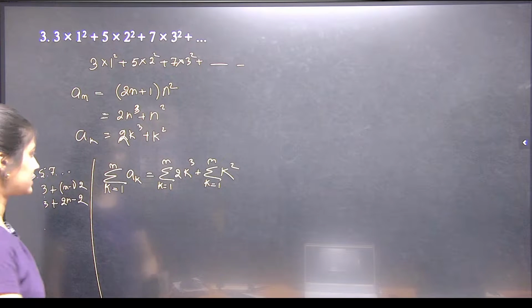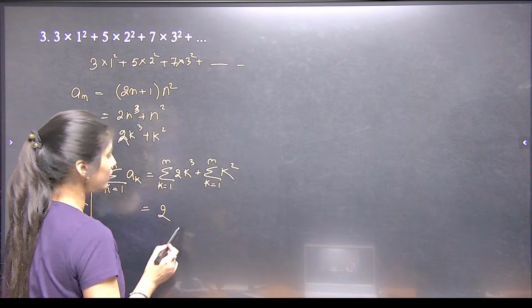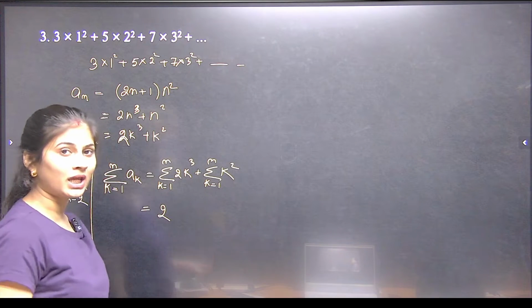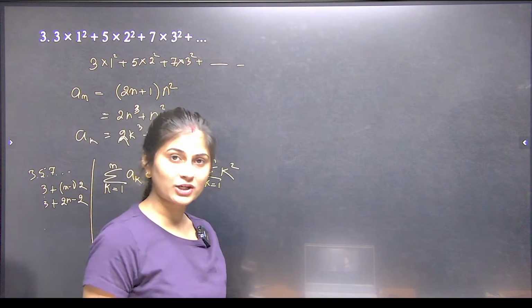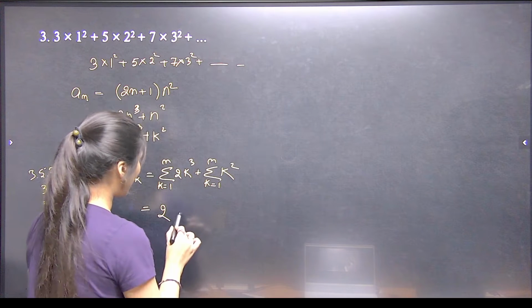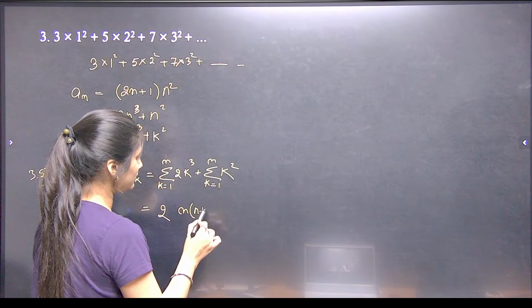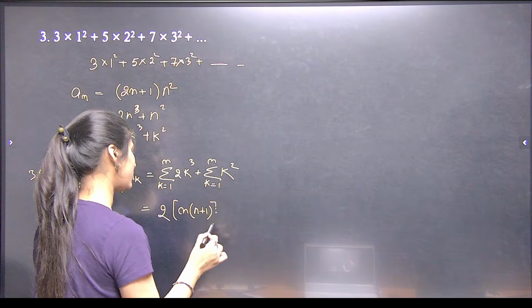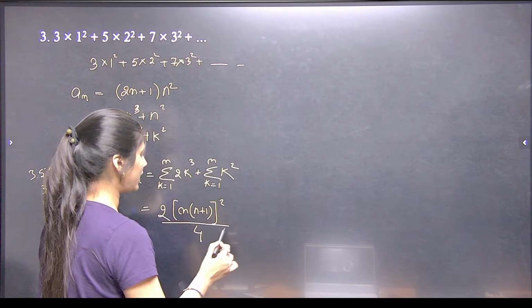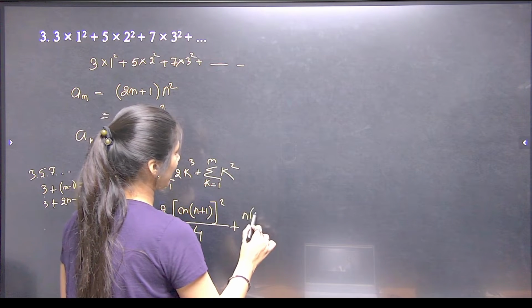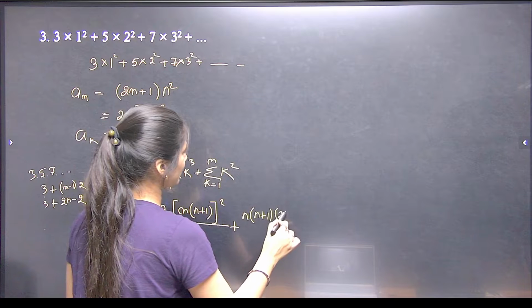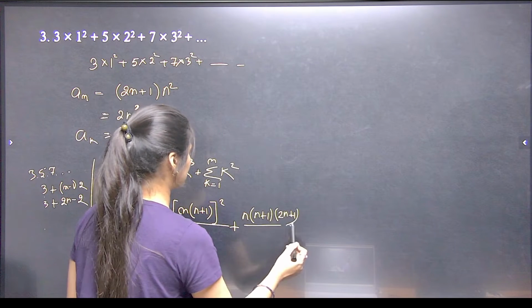Now in the next step what we are going to do, 2 and then summation k cube, again sum of cube of natural number. So it is n plus 1 whole square by 4, and here we have n plus 1 into 2n plus 1 by 6.